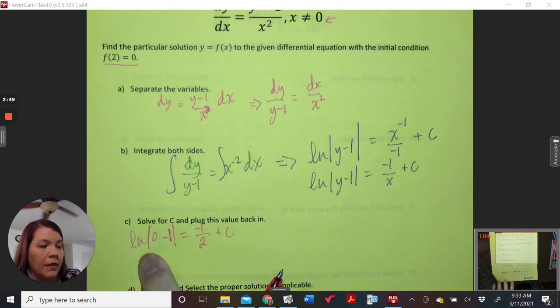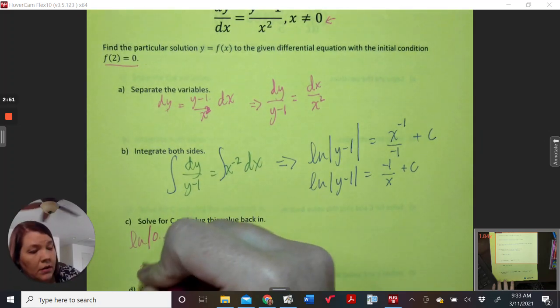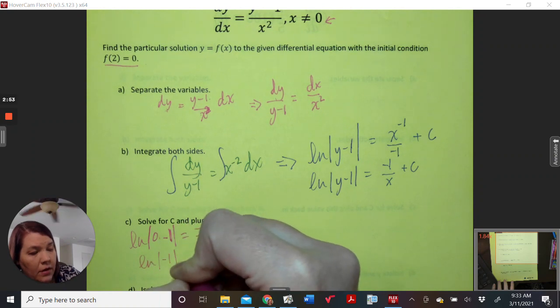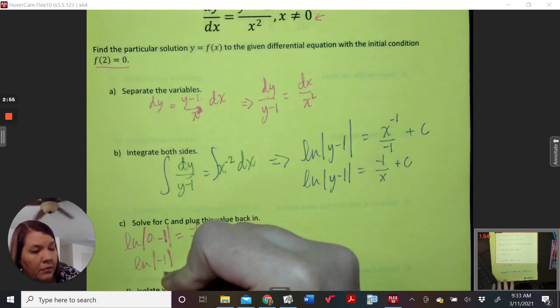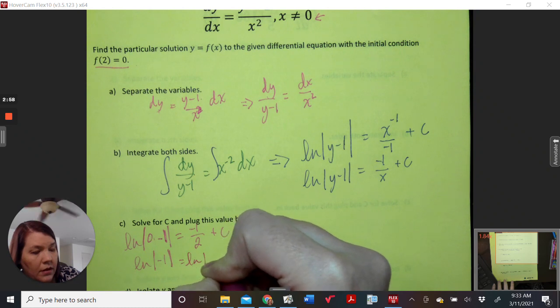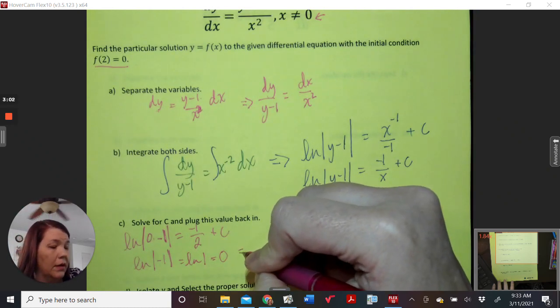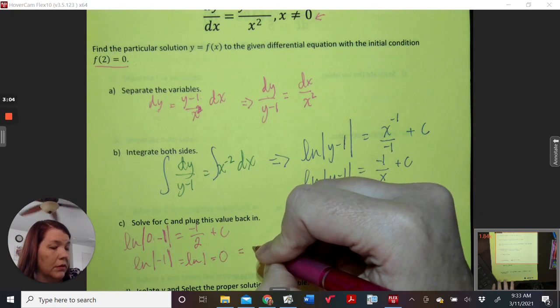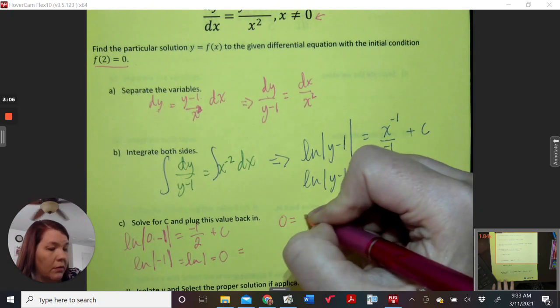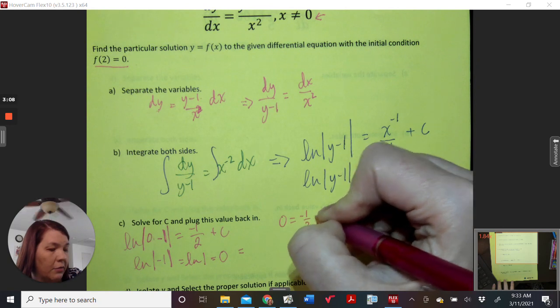The natural log of 0 minus 1, ln of negative 1, absolute value makes that the natural log of 1, and the natural log of 1 is 0. So 0 equals negative 1/2 plus c, meaning that c equals 1/2.